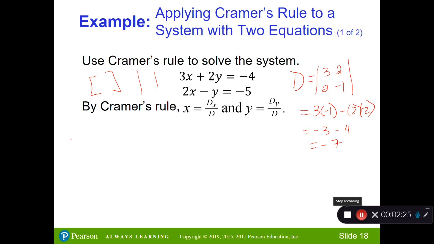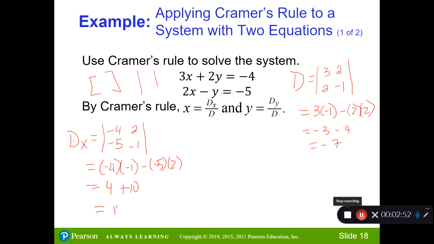Now, to get Dx, I use the same matrix that I formed right here, but I replace the first column with negative 4, negative 5. And so working that out, I'd go negative 4 times negative 1 minus negative 5 times 2. That's going to be a positive 4 minus negative 10, so 14.